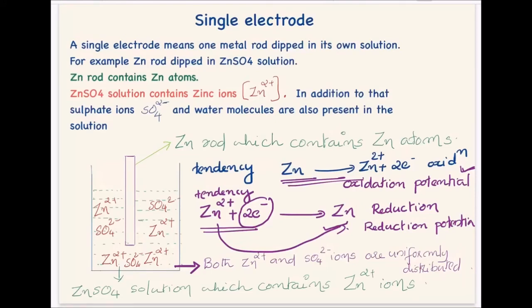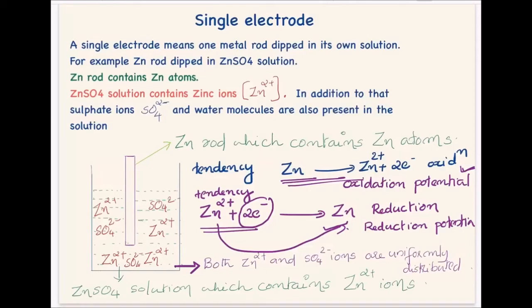So we call this the zinc rod. If you dip it in zinc sulfate solution, there won't be any change. And if there is no change in a chemical reaction, we call it equilibrium. So here, no change in the concentration of zinc ion, no change in the number of atoms of zinc.